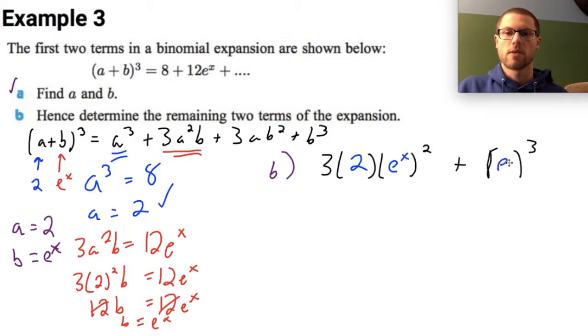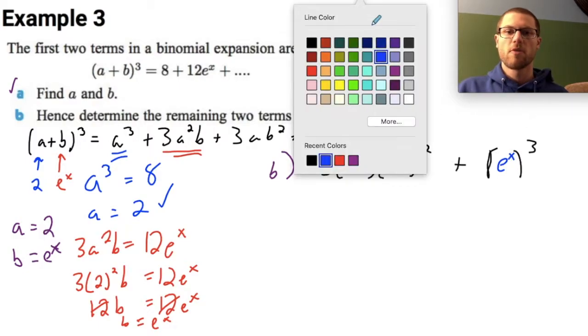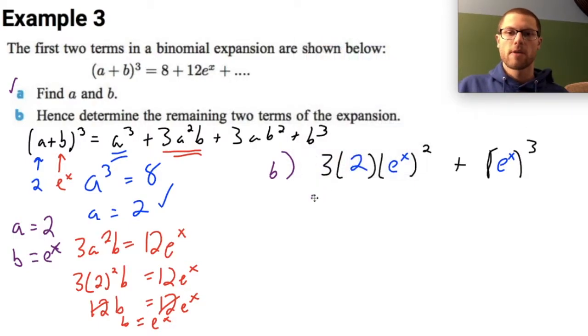So if we simplify all this out, that's going to be 3 times 2, which combine to 6, and then e to the x squared is e to the 2x. Remember, that comes from your properties of exponents: if I have a power raised to a power, I multiply these exponents, and that's going to be e to the 2x. And then this will be plus e to the 3x using that same power property.